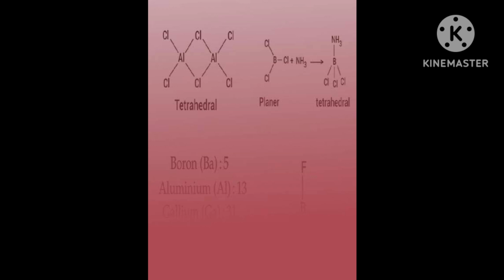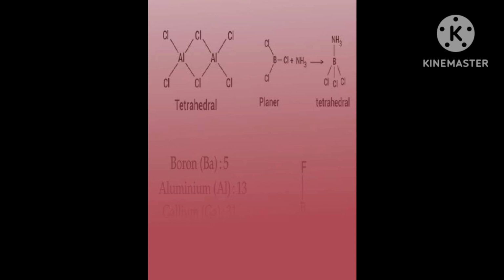Due to this layer, it will not react further. That is why it is said that nitric acid renders aluminum passive. Passive means it will be inactive. Okay. Aluminum also reacts with aqueous alkali and liberates hydrogen gas.